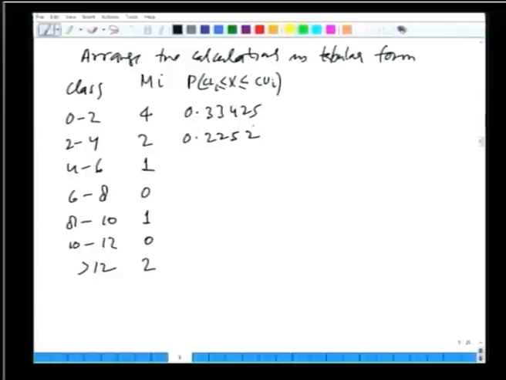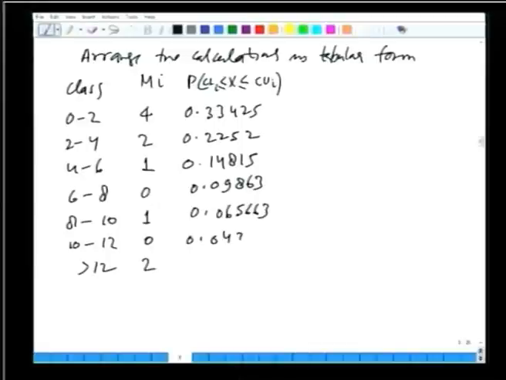These numbers we have found out. And the other ones I will just write, you can verify these things: 0.14815, 0.09863, 0.065663, 0.043755, and the last one is 0.087073.